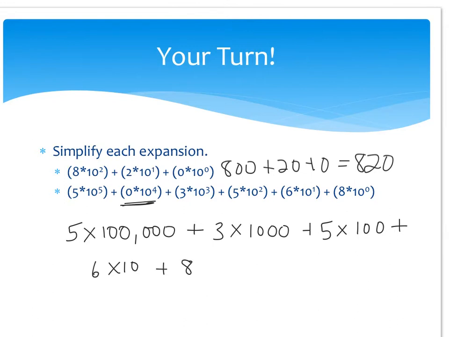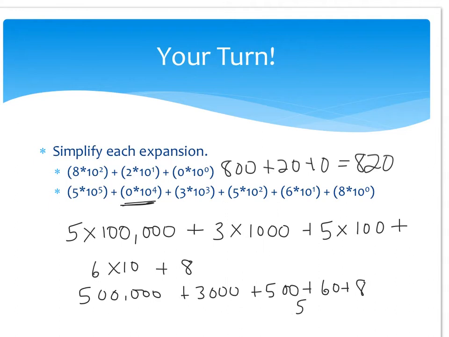So altogether, we have 500,000 plus 3,000 plus 500 plus 60 plus 8, or 503,568.